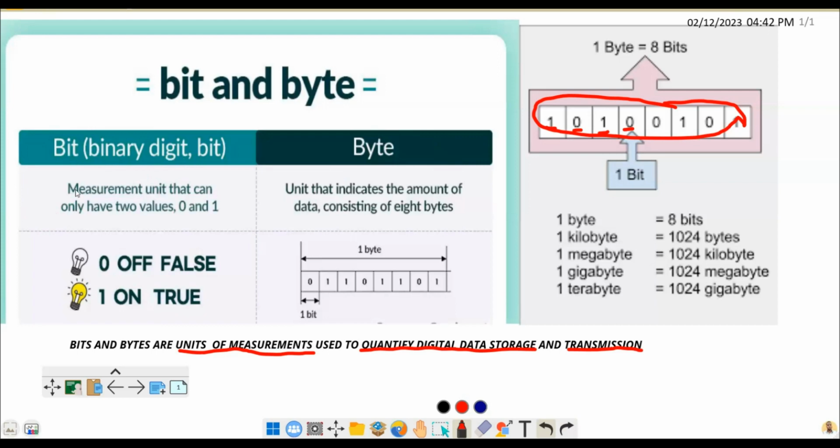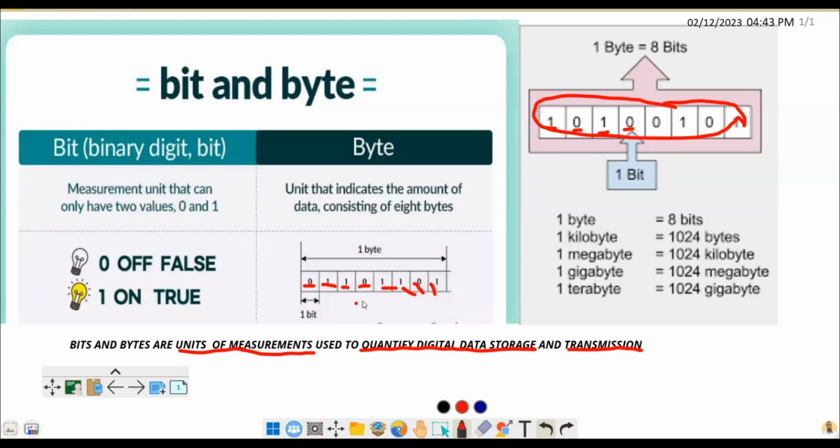We said a bit is a measurement unit that can only have 2 values, a 0 and a 1, whereas a byte is a unit that indicates the amount of data consisting of 8 bits. For example, you count 8 bits: 1, 2, 3, 4, 5, 6, 7, 8.